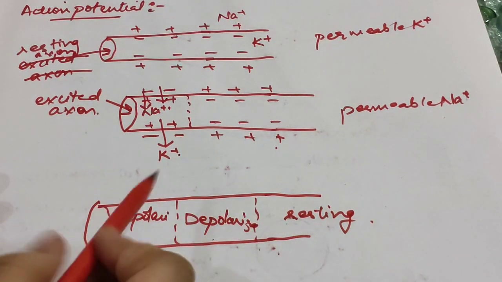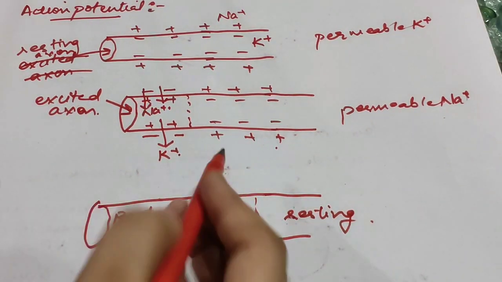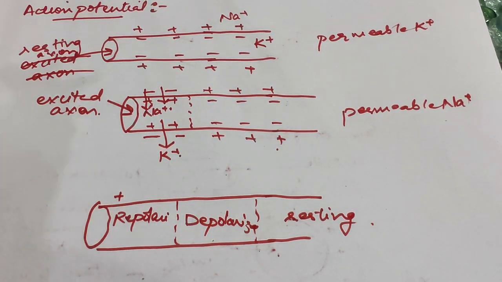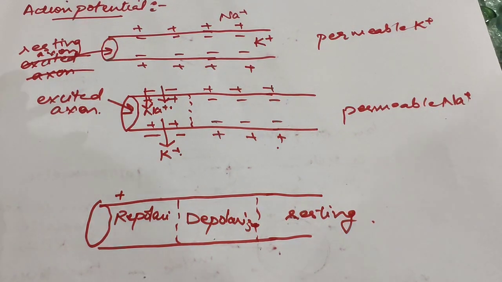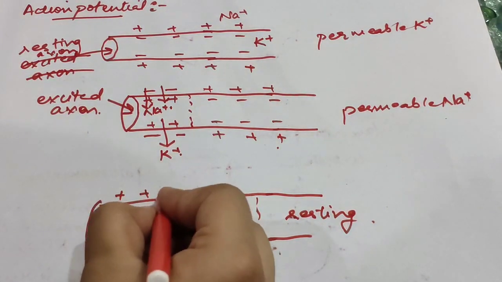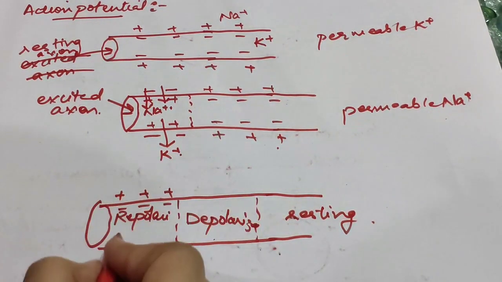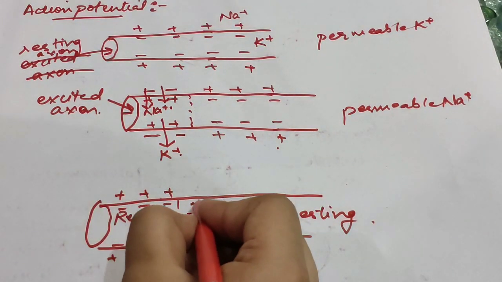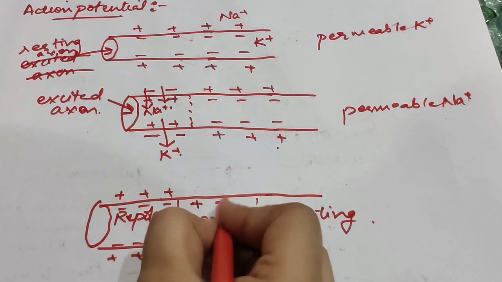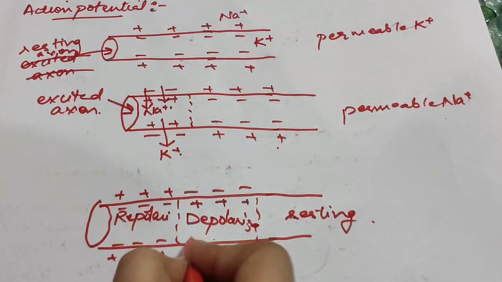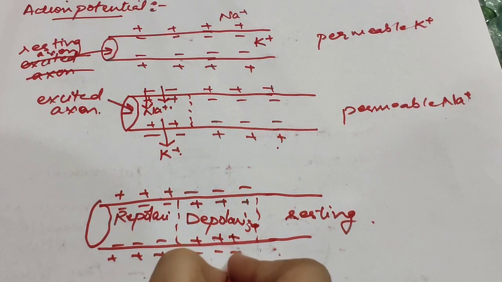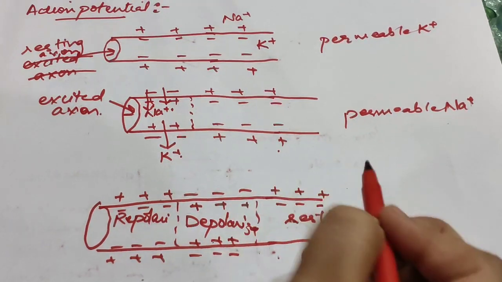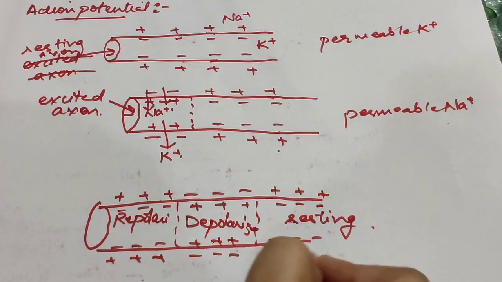So when it becomes repolarized, the same case of the resting potential of the resting axon appears. That is, the outside is positively charged with respect to the inside. In the depolarized part, the inside is positively charged with respect to the outside, and in the resting part, the outside is positively charged with respect to the inside.